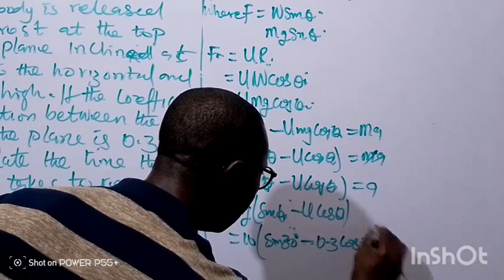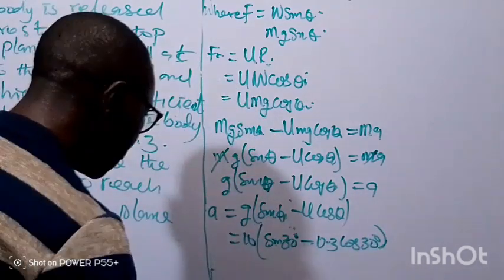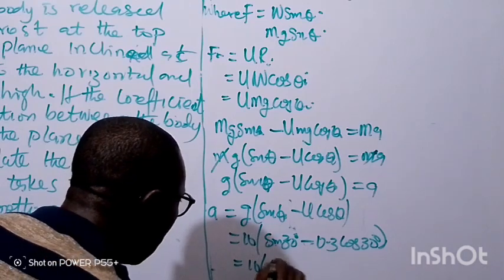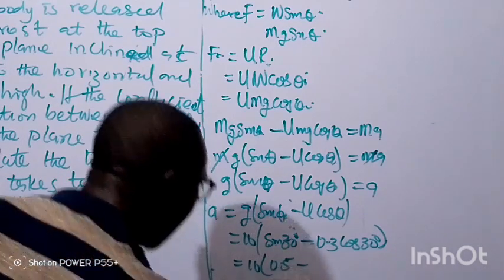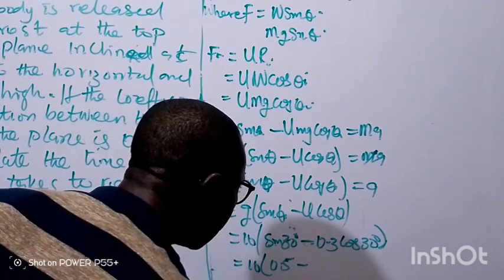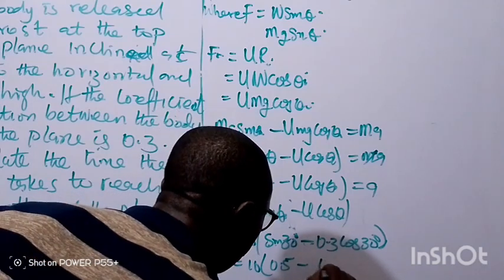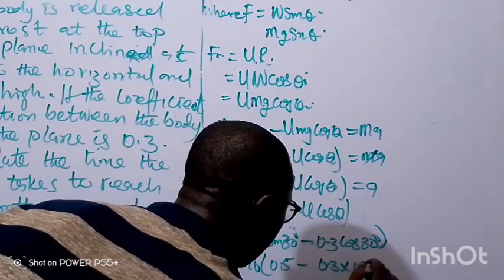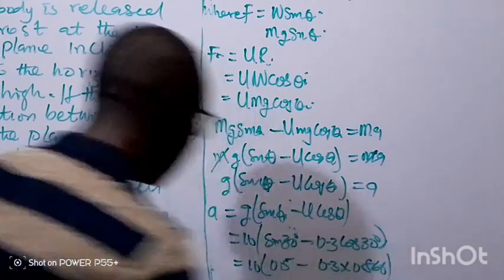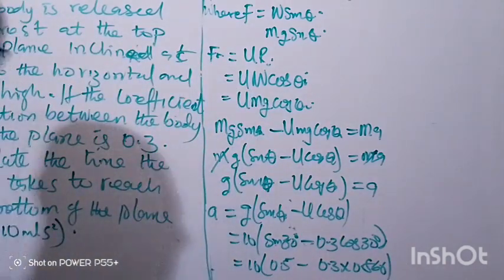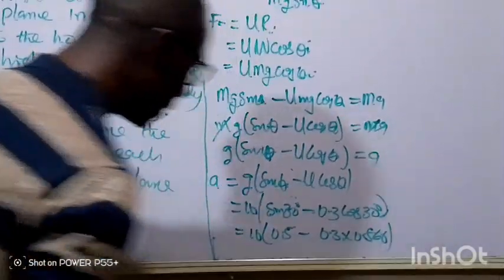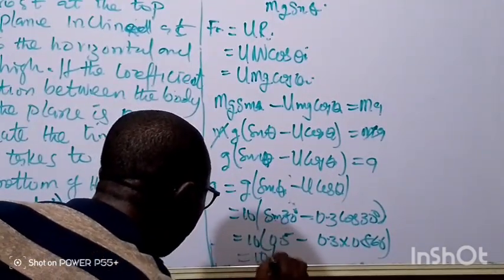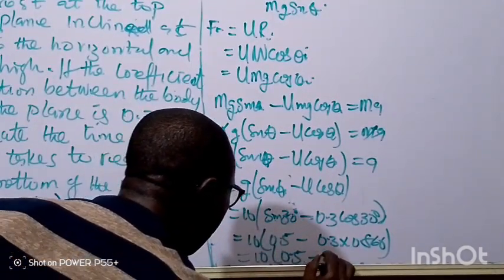So this will now give us 10 into 0.5 minus 0.3 multiplied by 0.866. 0.3 multiplied by 0.866 gives 0.259.